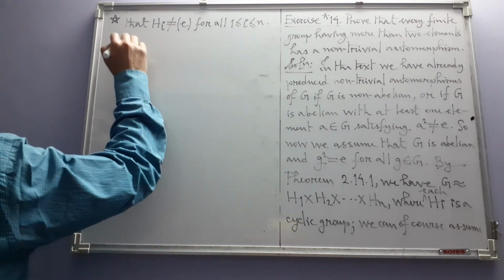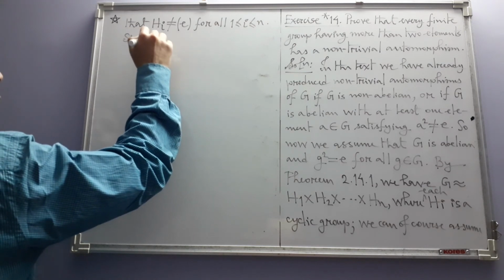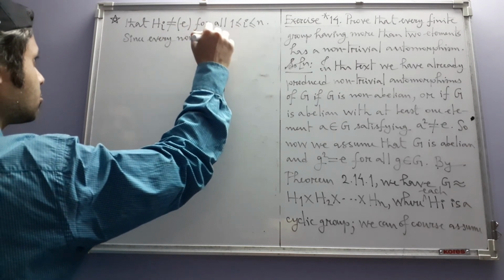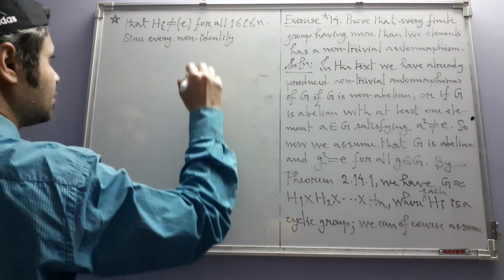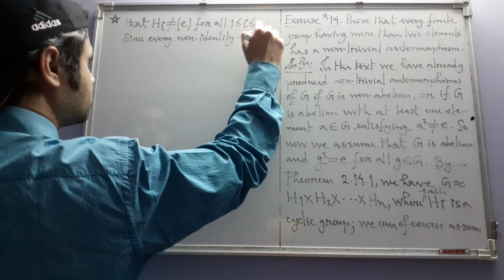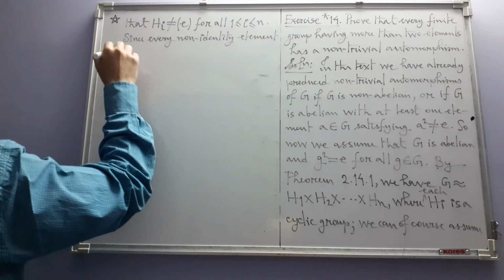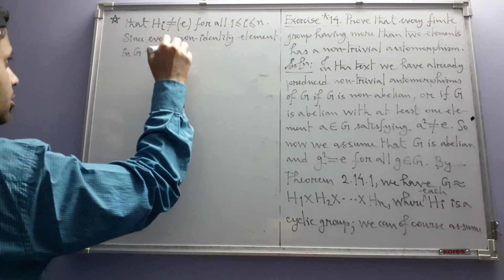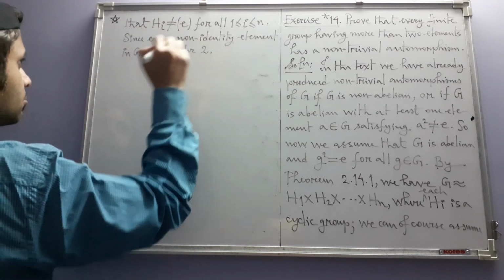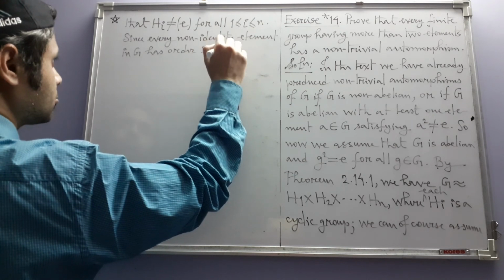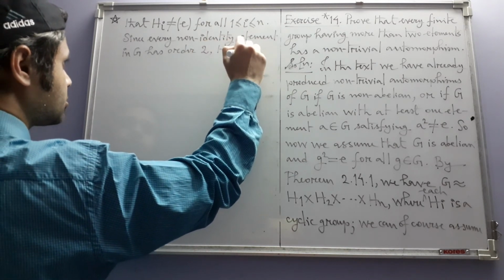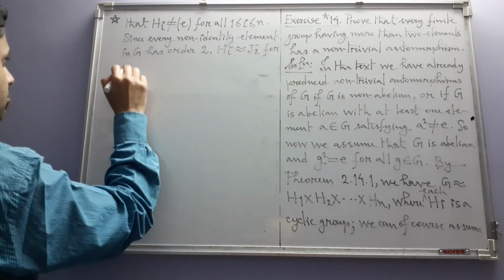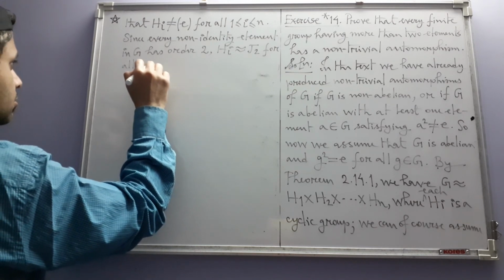Since every non-identity element by our assumption in G has order 2, Hi is isomorphic to J2 or Z2 for all the indices.